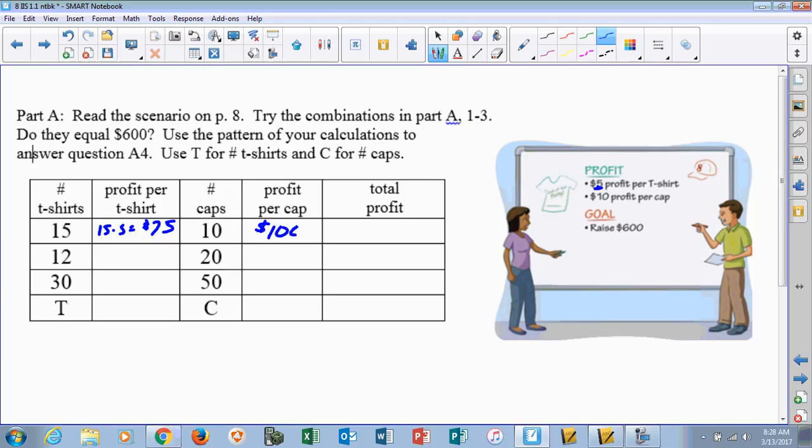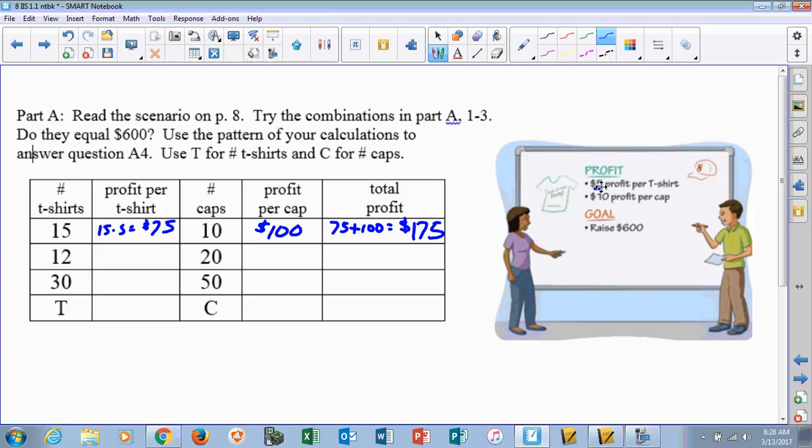That gives you 100. So your total profit would be? Yeah, you got 75 plus 100. So you got $175 would be your total profit. So obviously that wouldn't get you to your goal, right? What's your goal? 600, right? So you're quite a ways off right now.